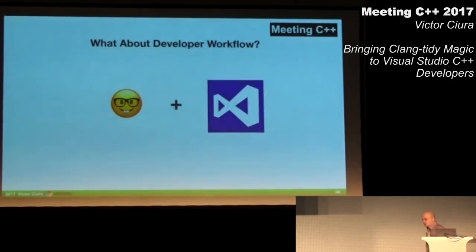What about developer workflow? We consider the script to be acceptable as a developer workflow, but we live in Visual Studio, which we consider a good environment to work in, and we want the whole experience right there in the IDE. That's why we developed this Visual Studio extension.